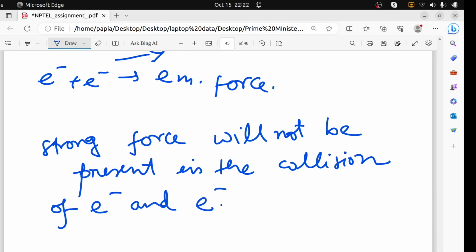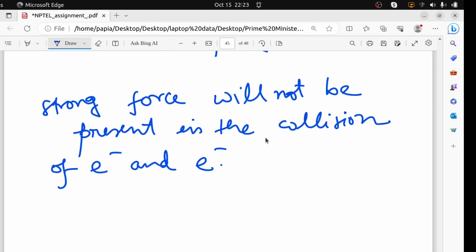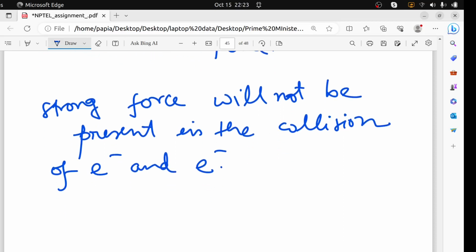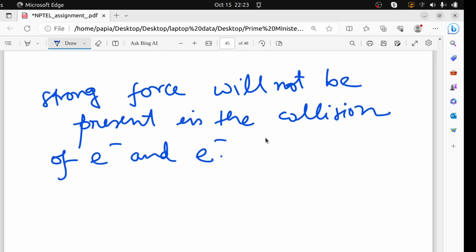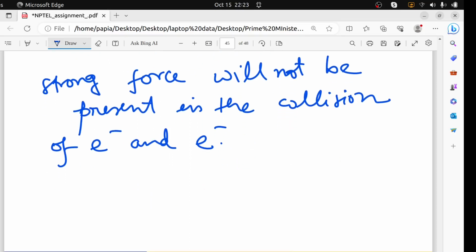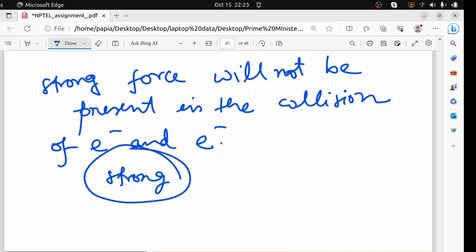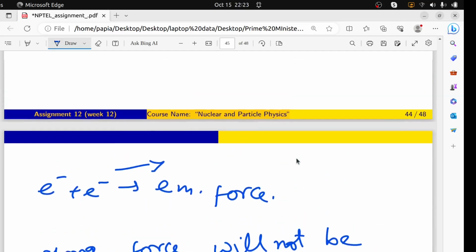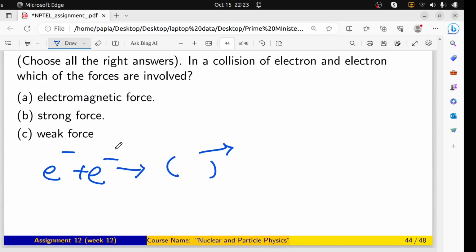Because strong force is present only inside the nucleus, and if only these 2 particles are present in the collision, then there is no nucleus. So if there is no nucleus in the collision of e minus and e minus, strong force will not be present here. Okay. Now coming to weak force.